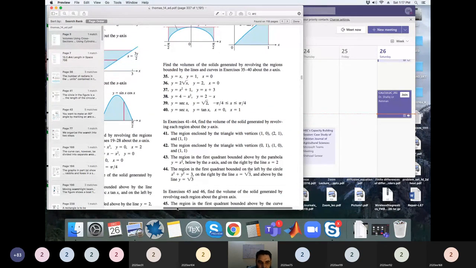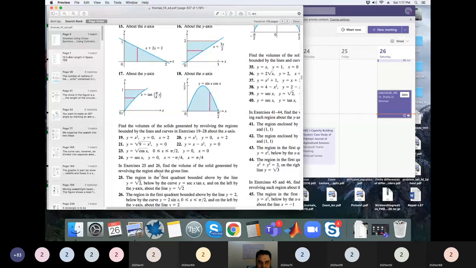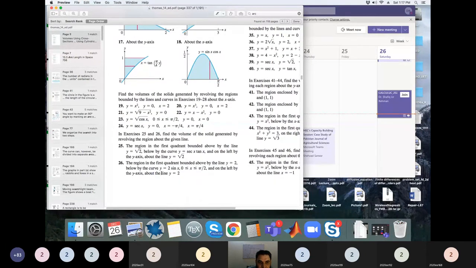There are further technical questions out there. For example, the region in the first quadrant bounded above by the line, below by the curve, and on the left by the y-axis. You can handle these examples.